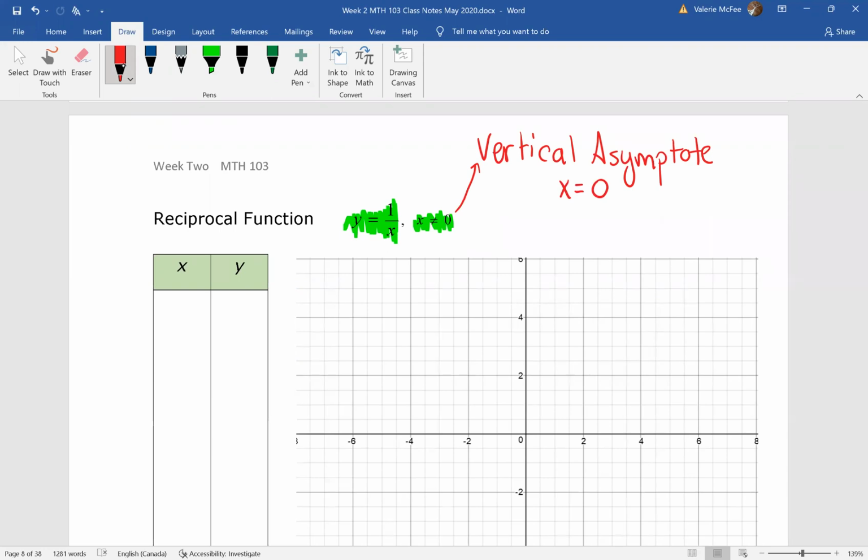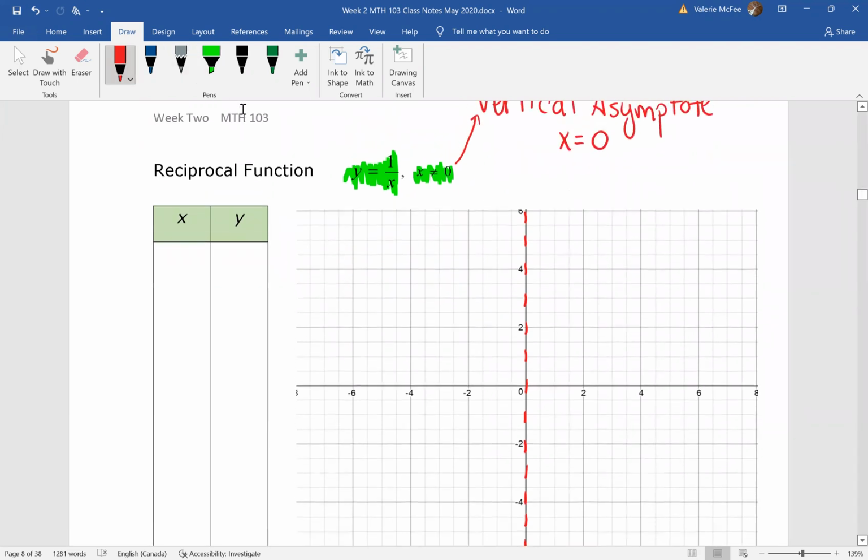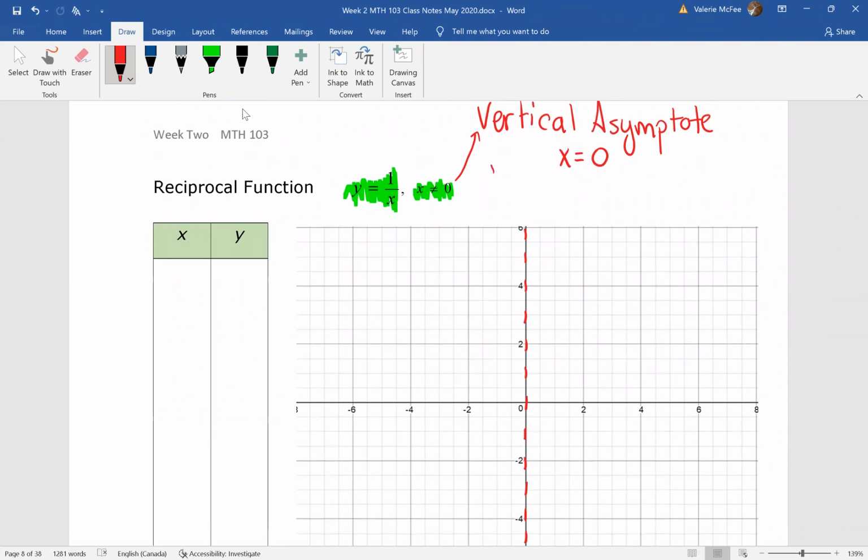We're going to represent that asymptote with a broken line at x equals 0. Remember, when x is equal to 0, this equation would be undefined. So the graph cannot touch or intersect the asymptote.